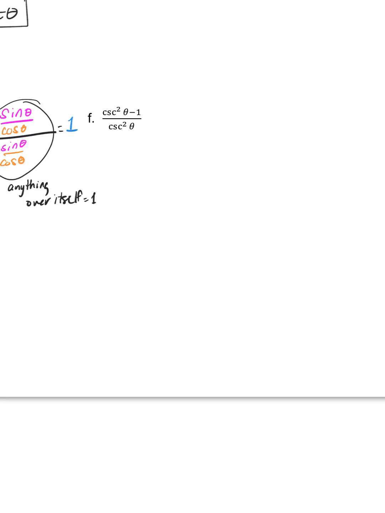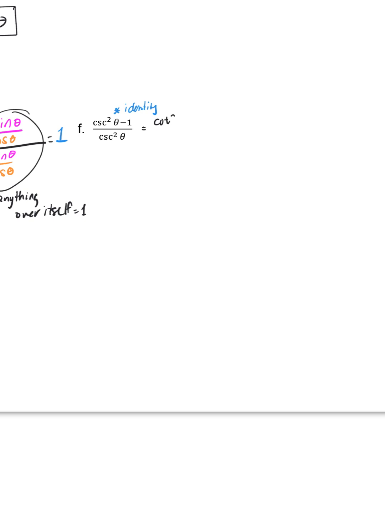All right, last one. Okay, on top we have cosecant squared theta minus 1 divided by cosecant squared theta. So hopefully you see that this right here is an identity. And so we can change that, cosecant squared theta minus 1 equals cotangent squared theta. So I'm just going to rewrite this, cotangent squared theta, divided by the cosecant squared theta.